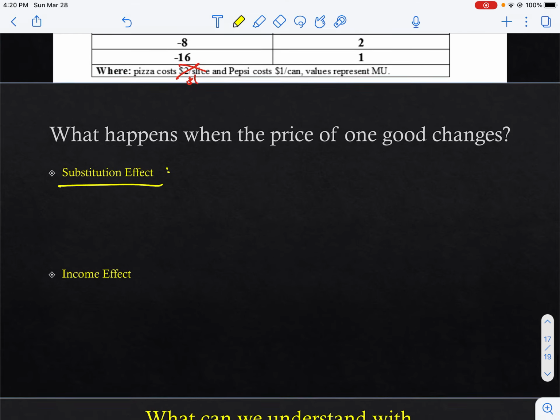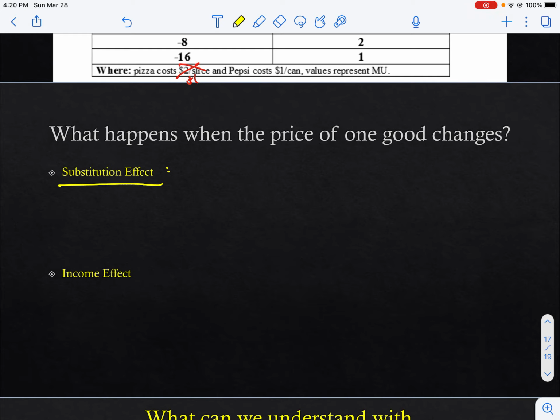The substitution effect says basically when relative prices change, you buy more of the relatively cheaper thing and buy less of the relatively more expensive thing. So you substitute away from the now relatively more expensive thing and towards the relatively cheaper thing.